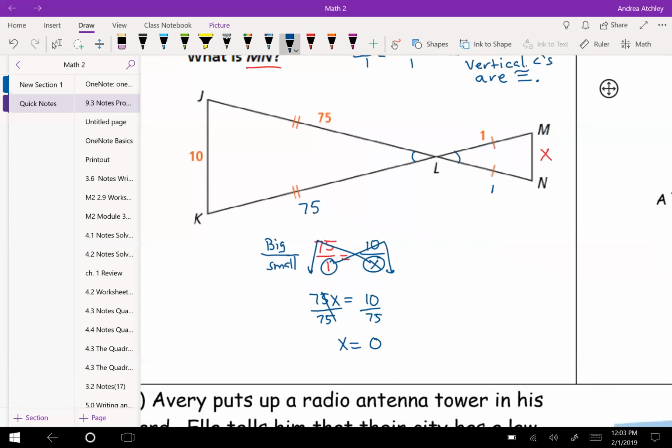Equals 0.13 with a line above it. Any questions over that? We're all good?